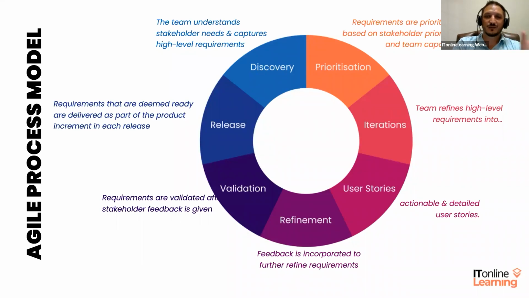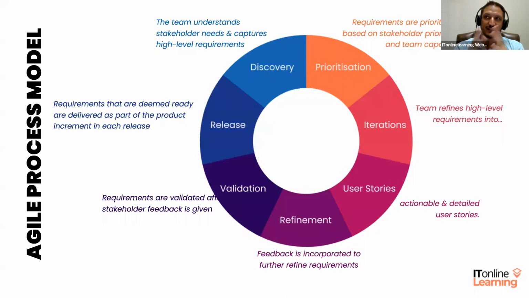So after this, the requirements are then prioritized, based on the stakeholders' priorities and the team's capacity. Then in each iteration, the team takes a subset of the high-level requirements and refines them into more detailed and actionable user stories. So they then become what is known as a user story, which is a different format of a requirement, but that is used in an agile project.